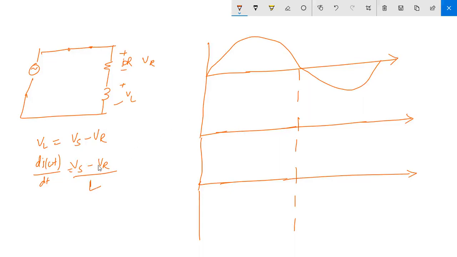Now what happens if, when your Vs is greater than Vr, first of all we will draw Vr. So how can you draw the Vr characteristic?